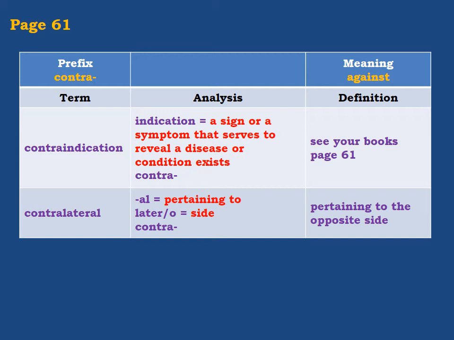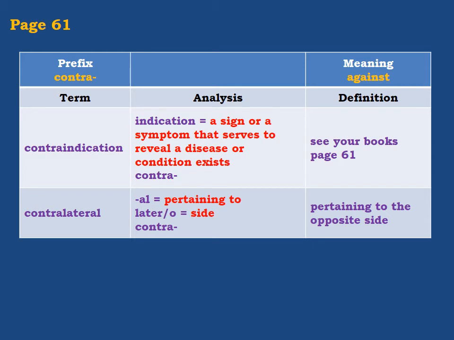If a woman is pregnant and she has acne, we cannot give her this medication. Why? Because the medication might affect the fetus, the baby. All right? So we cannot give her that medication. So this is what is meant by contraindication.